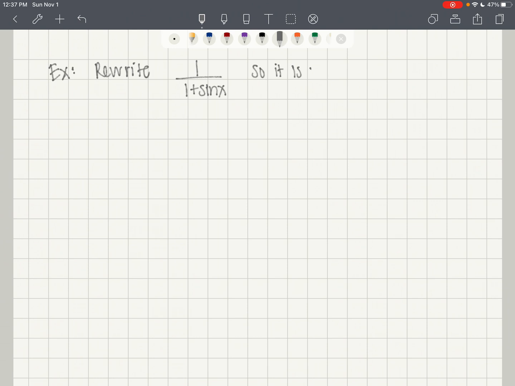So it is not a fraction. So we don't want it to be a fraction anymore. When we want to get rid of that binomial in the fraction, we end up doing that by making it a monomial.